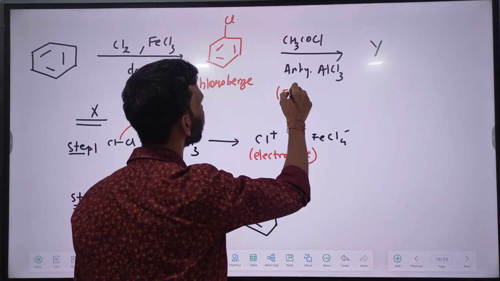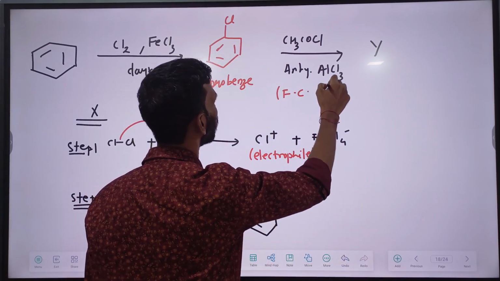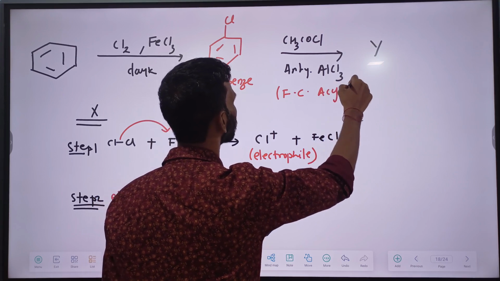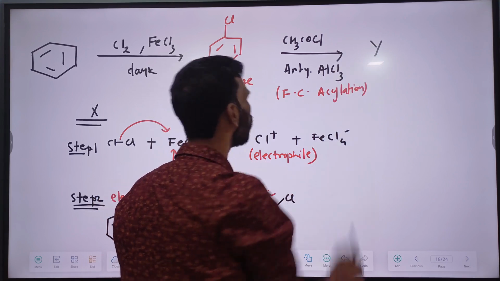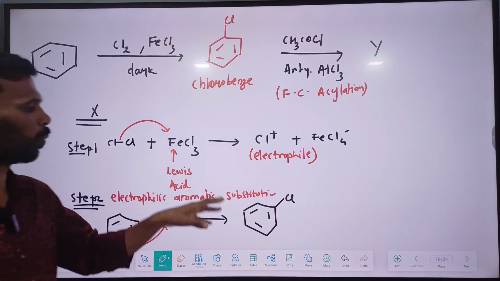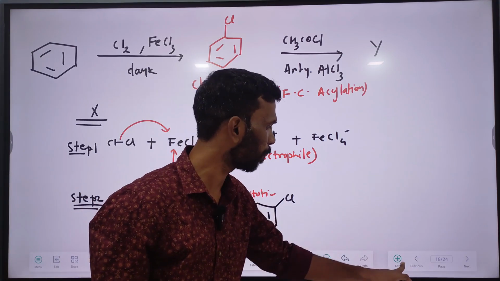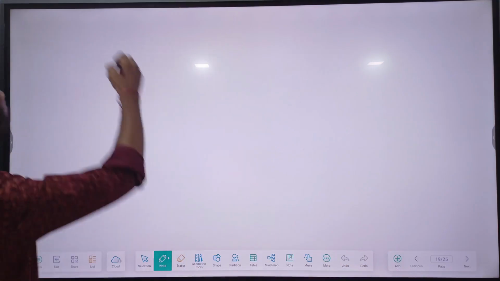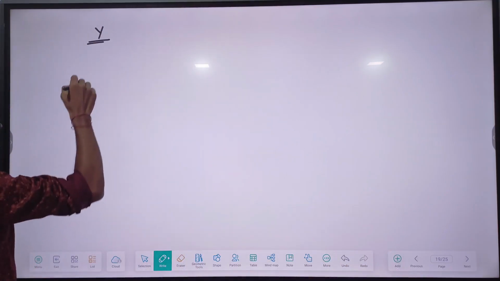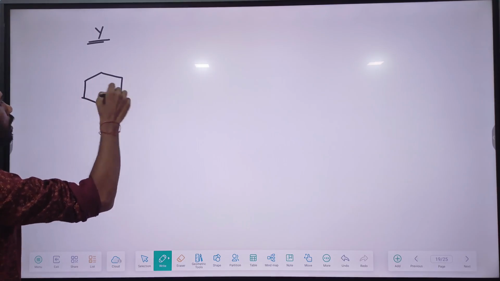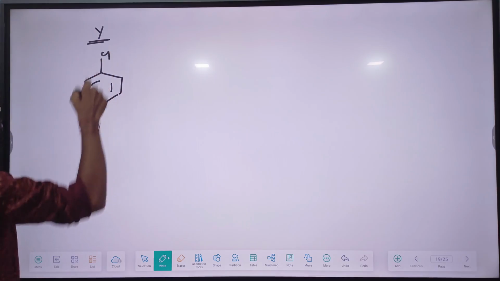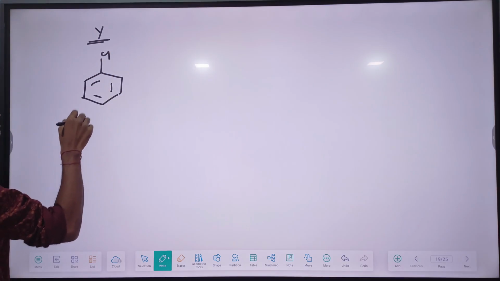And you know what this reaction is? This is Friedel-Crafts acylation reaction. This is also an electrophilic substitution reaction, but over here you are doing it on the chlorobenzene. I'll talk about the second part, that is product Y. You already got X, which is chlorobenzene.